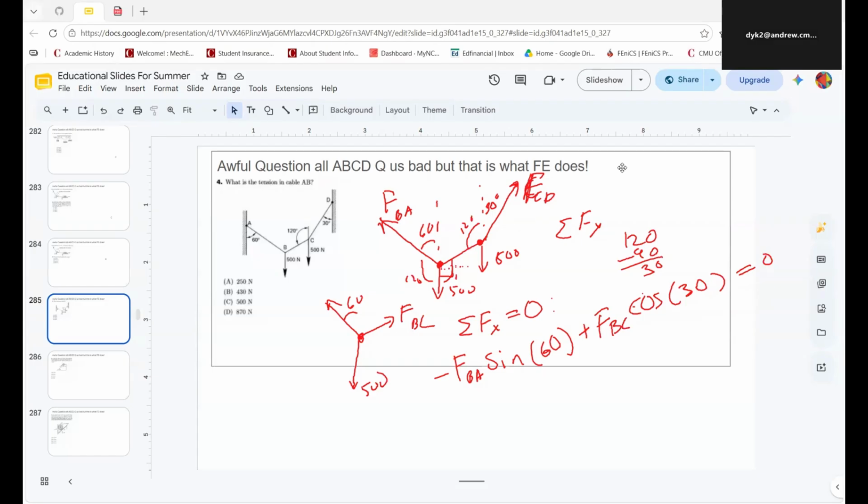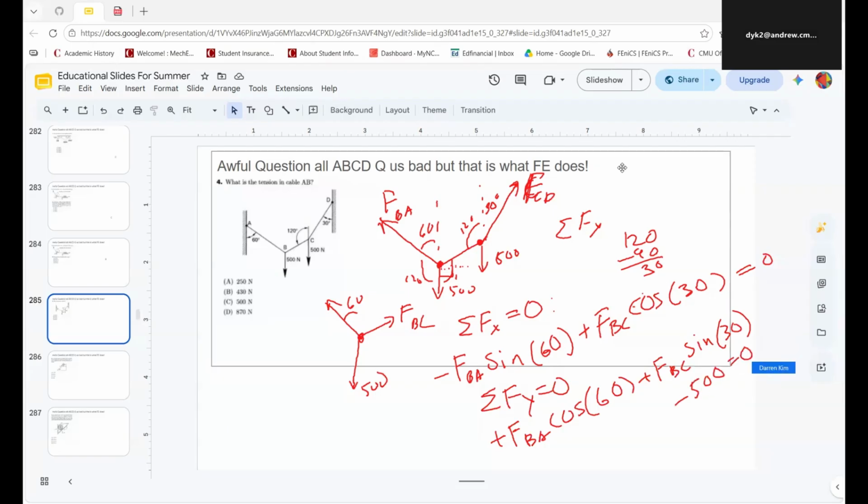We need the second one, which is the summation of Fy equals 0, which is plus FBA cosine 60, right? Plus FBC sine 30. And then you have a minus 500 equals 0. Correct? Okay, so now we have all this, and I think the best way to do this is to go to your calculator, and there's a system function in there. With that system function, you can type all this in.